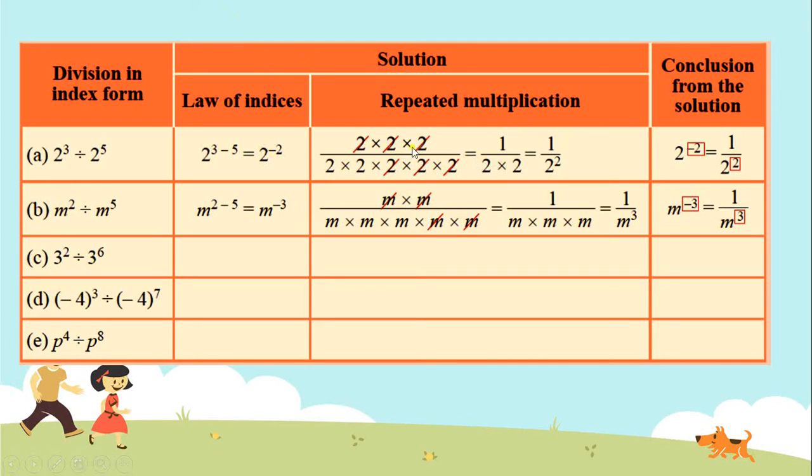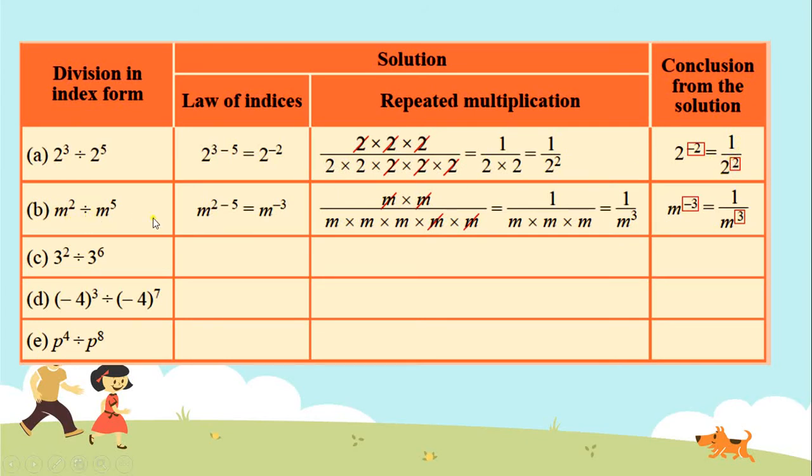This is the repeated multiplication: 2 to the power of 3 is 2 times 2 times 2, divided by 2 to the power of 5, which is 2 times 2 times 2 times 2 times 2. So we cancel out the same amount and we get 1 over 2 times 2. 2 times 2 is 2 to the power of 2, or 2 squared. So we can conclude that 2 to the power of negative 2 equals 1 over 2 squared.